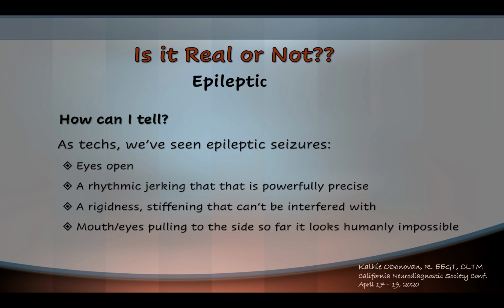You'll see all the muscles in their neck and face stretching to that side where they're deviating, and their eyes will be going all the way into the side of their eye, and their head will be forced into the pillow, and you can just see the strain as their muscles are forcing that. So keep an eye out for that, because those kind of things are for sure going to be legitimate, most likely, I should say.